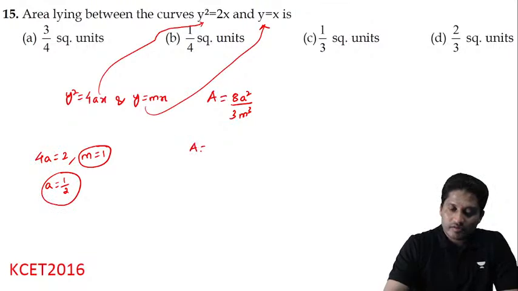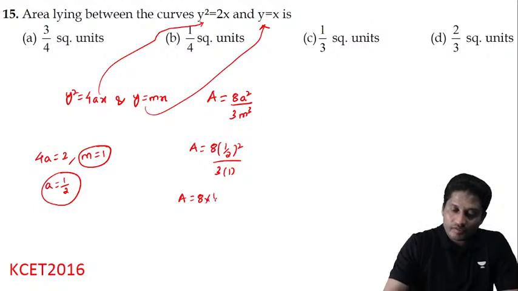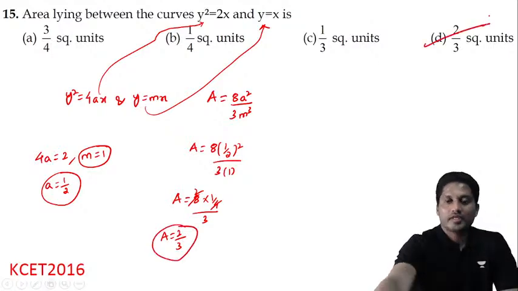If I substitute here, you get 8a square, that is 1 by 2 the whole square, divided by 3m cube, that is 1 cube. Area is equal to 8 times 1 by 2 the whole square, which is 1 by 4, divided by 3. Cancel 2 times. Area is equal to 2 by 3 square units. That's last option D. Let's move to the next question.